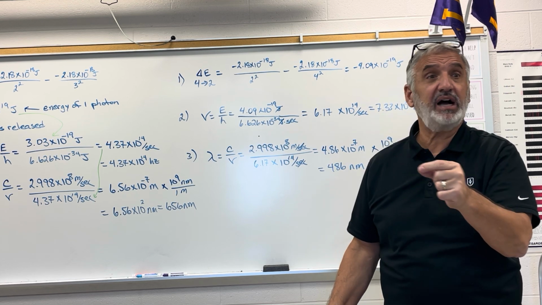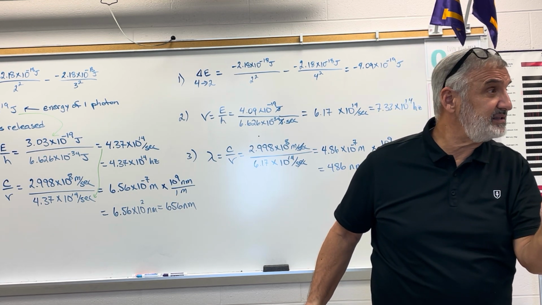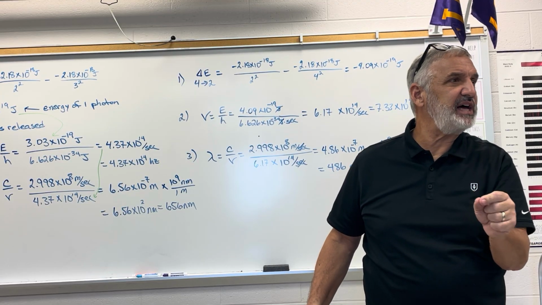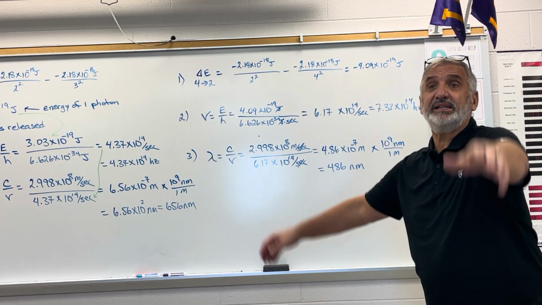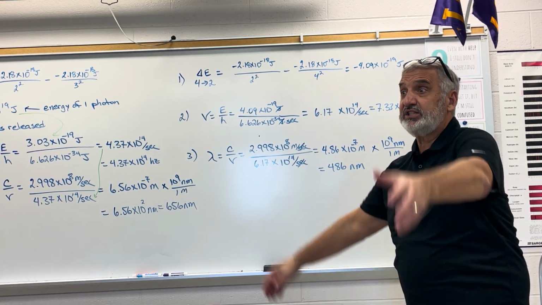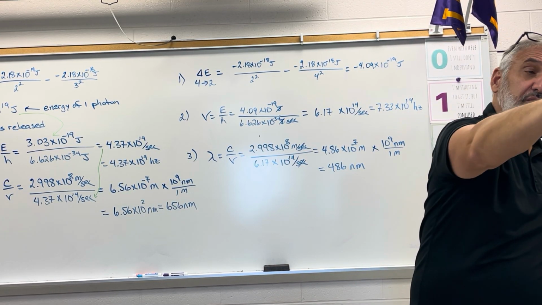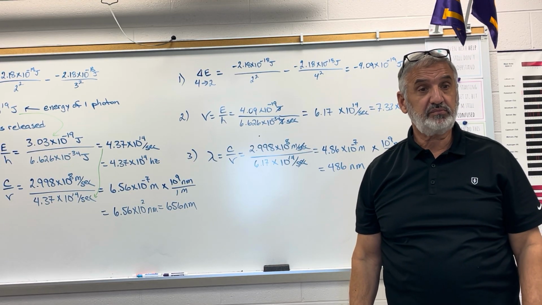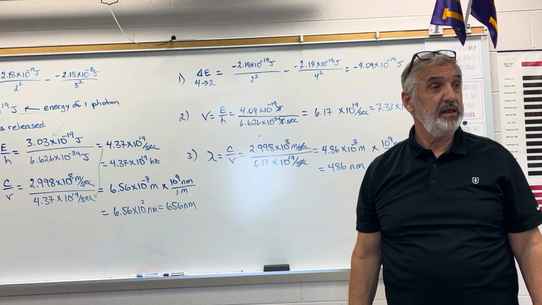H is Planck's constant, m is the mass, and v is the velocity. That's not a nu, that's a v. That's velocity. Which means that if I hit my 100-mile-an-hour serve down the tee, that serve, even though it looks like it's going in a straight line, it actually has a wavelength to it. It's got a wave characteristic to it.